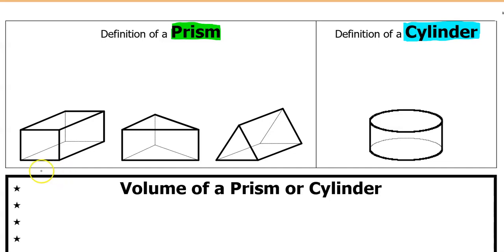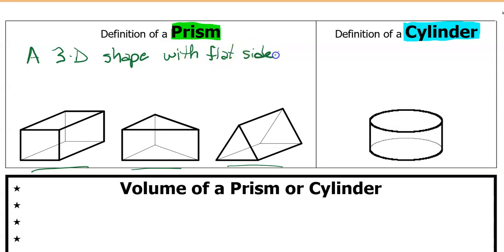So the 3 examples below are all examples of prisms. So a prism is a 3-dimensional shape, not flat. It's a 3-dimensional shape that does have flat sides. So they're not curved, they're not rounded at all. That's why a cylinder doesn't quite count here.